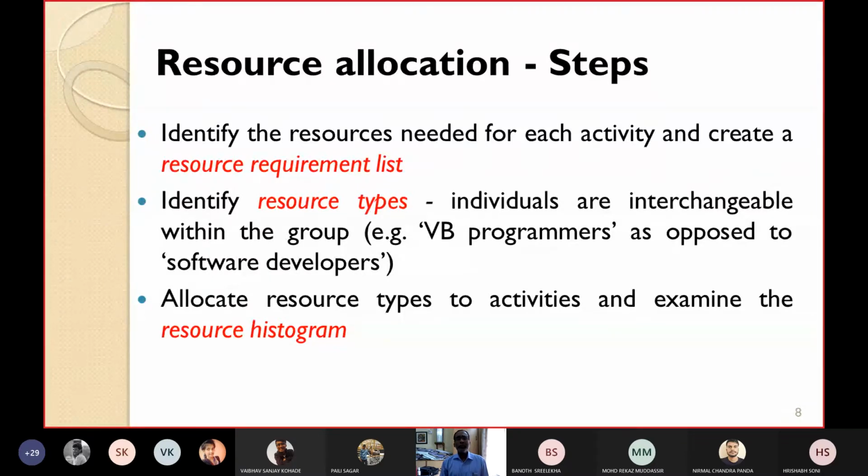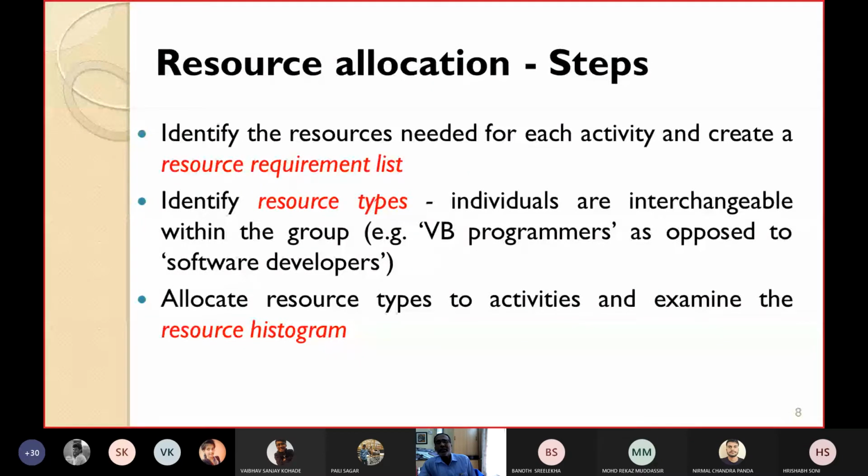Second step is to identify the different resource types. After identifying the resources, you can classify them. One example is taken here as follows. The individuals are interchangeable. You have taken, say, programmers. The individuals within a group are interchangeable, isn't it? You have taken a coding group, a testing group, a design group.